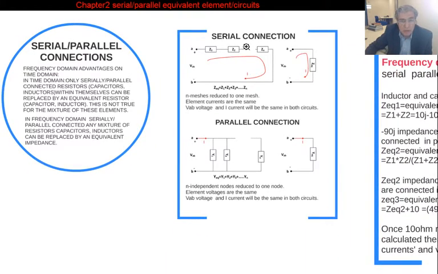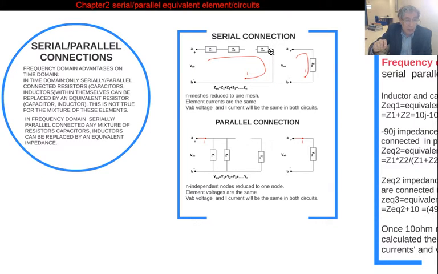Serial connections, parallel connections. So what is the similar one that we have seen in time domain? Serial connection of two or more impedances is seen here.